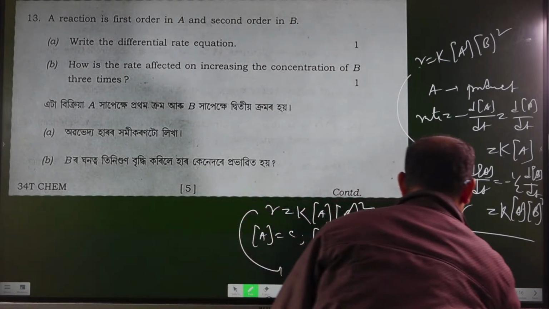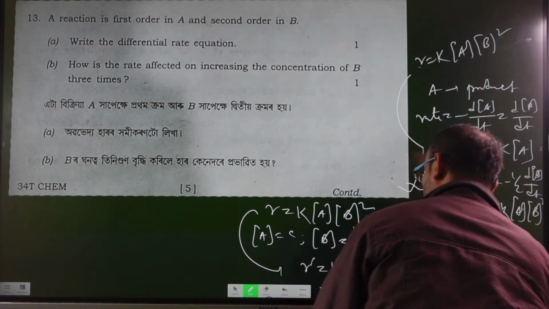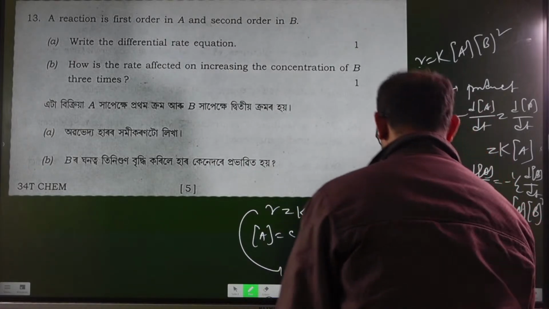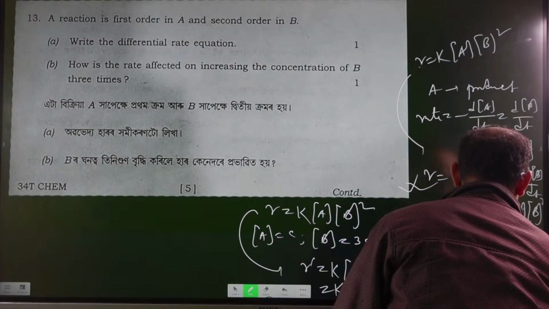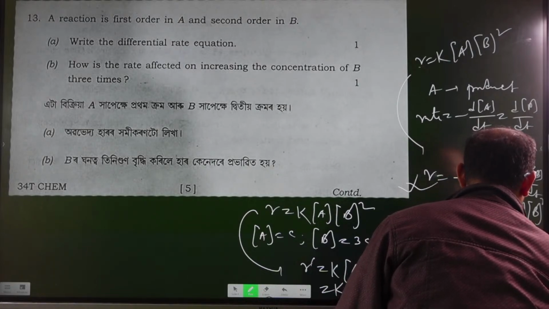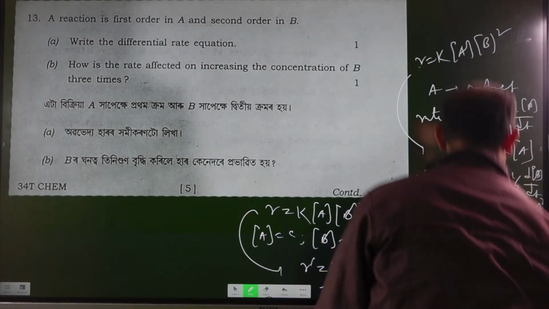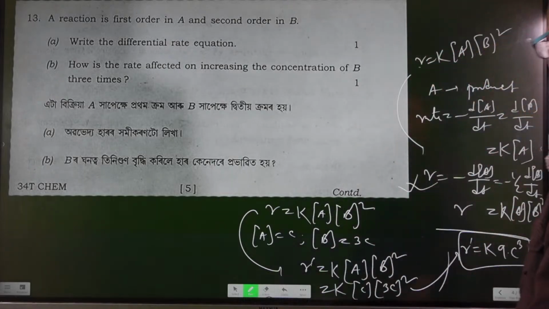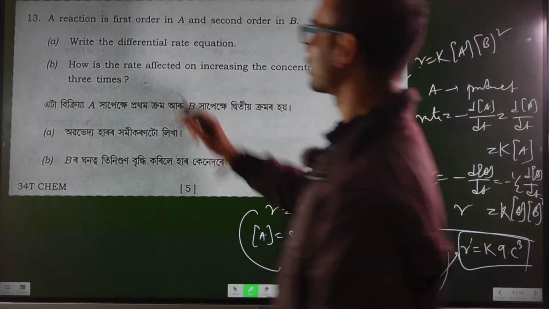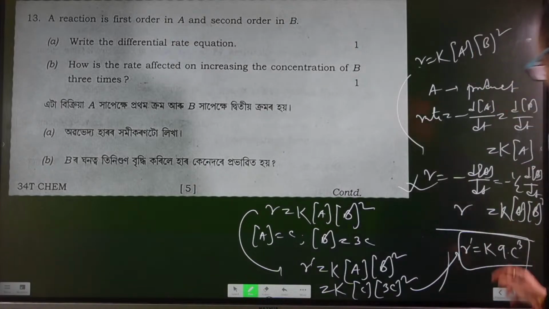That means you will get R dash is equal to K 9C cube. So this is the final rate, the answer for this second question. R dash equal to K 9C cube.